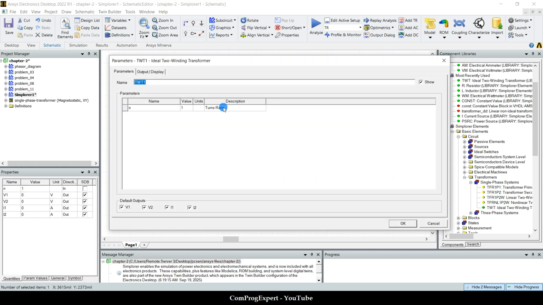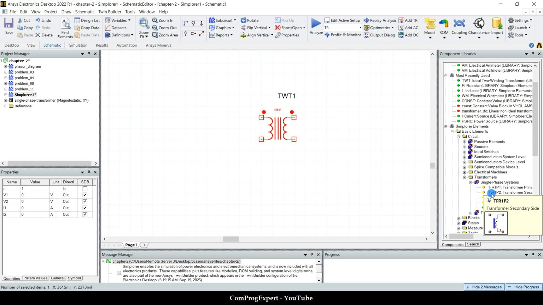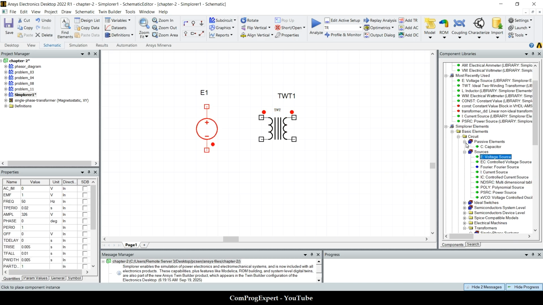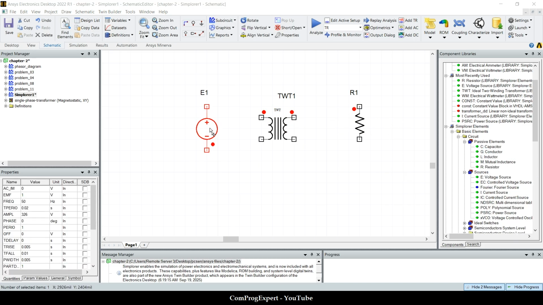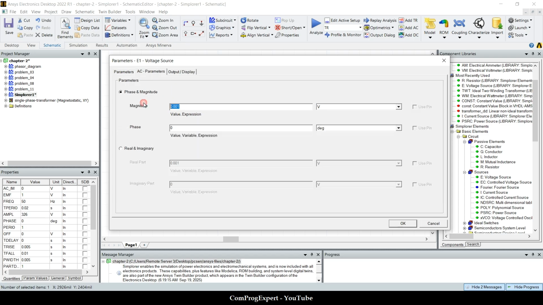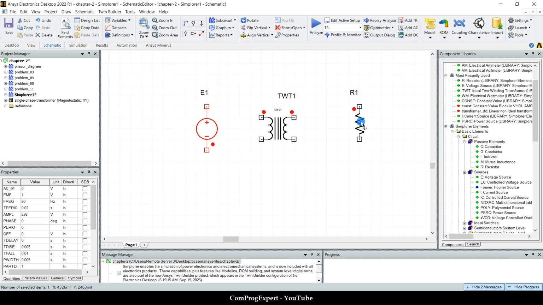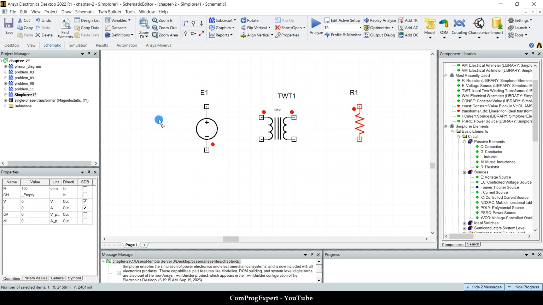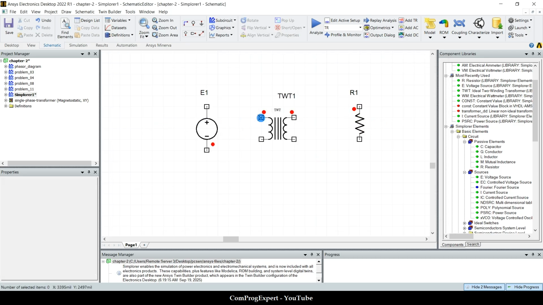Yes, turns ratio 1, add a voltage source and a resistor. So let's set the value of the voltage equal to 100 RMS value and the value of the resistance equal to 100.